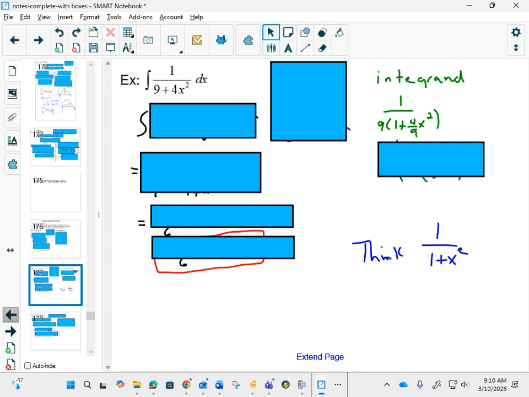Doesn't look very pretty at this moment. And then if I want 1 plus something squared, I have to ask, is it possible for me to write that as one thing squared? And sure enough, 4/9 is 2/3 times 2/3. So I get 1 plus 2/3 x squared.